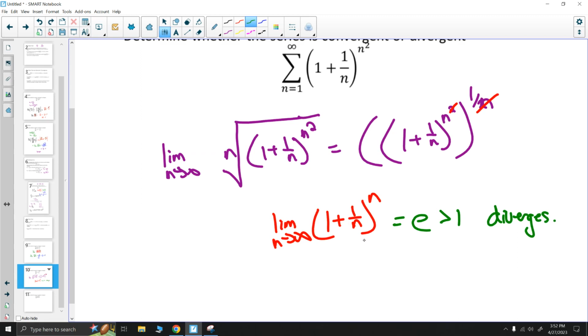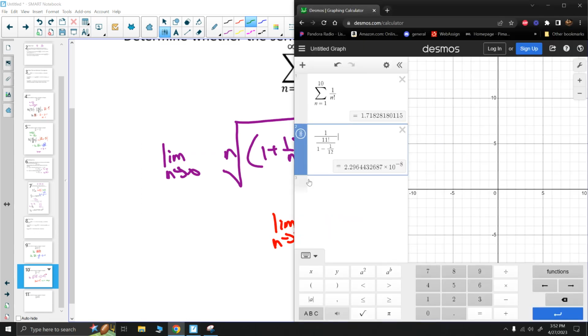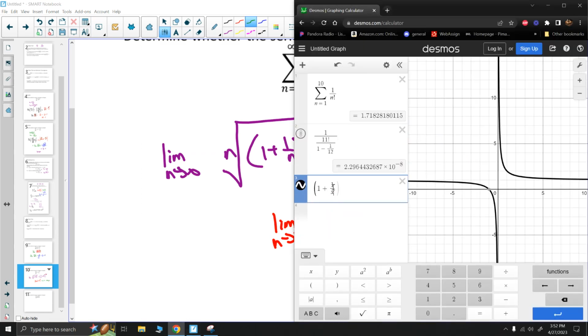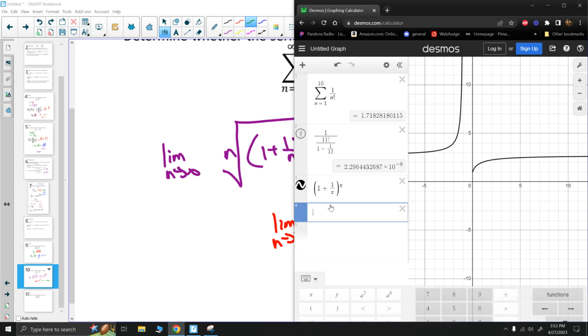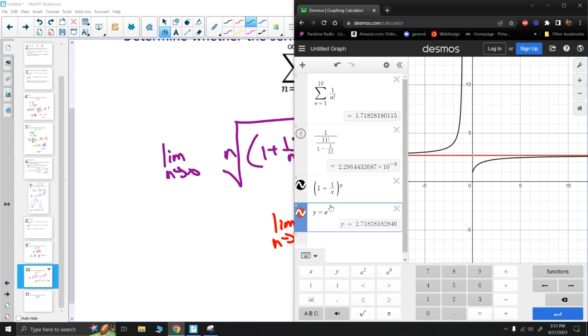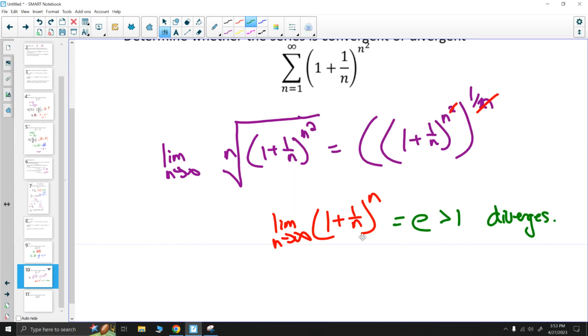This goes to e. And if you don't trust it, graph it. 1 plus 1 over x to the x. That has some horizontal asymptote, y equals e, and it's e. That's the definition of e right here.